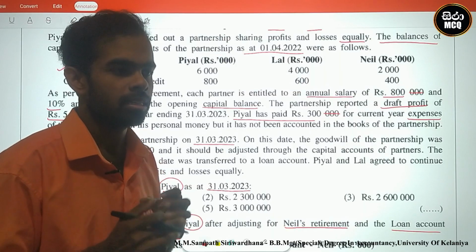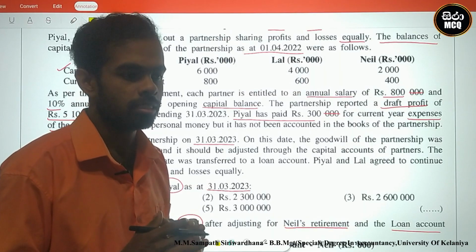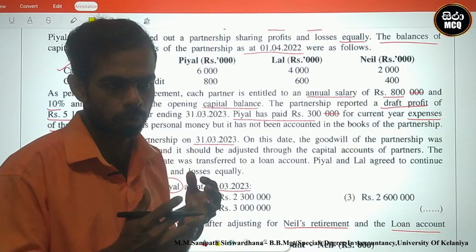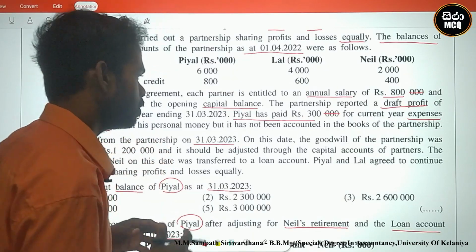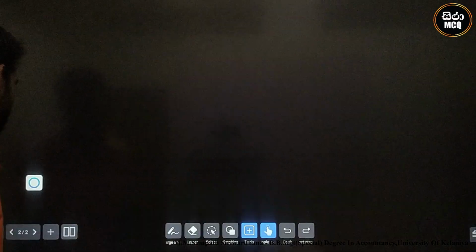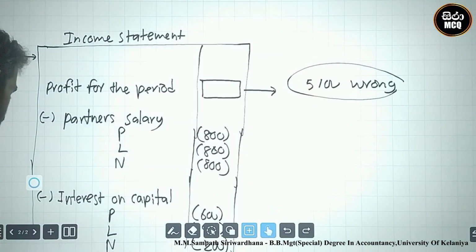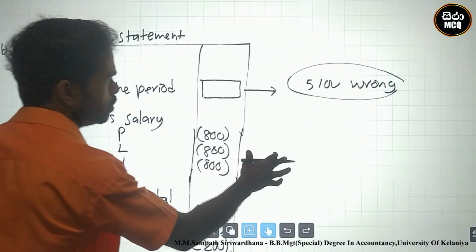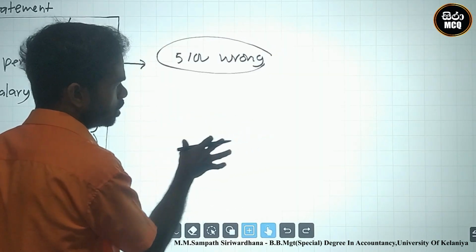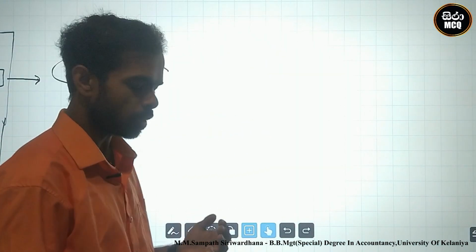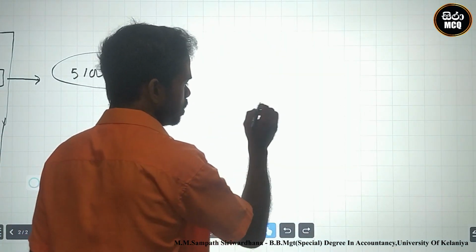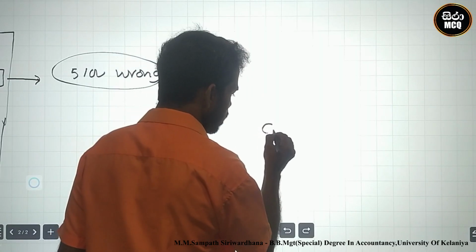At that time, we can imagine that this is support for the partnership. Therefore, 300, what is the double entry? I write that this is support to the business. Therefore, this is credit to current account.